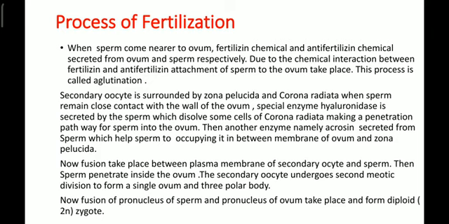Now let's discuss the process of fertilization. When sperm come nearer to the ovum, fertilizing chemical and anti-fertilizing chemical are secreted from the ovum and sperm respectively. Due to the chemical interaction between fertilizing and anti-fertilizing chemicals, attachment of sperm to the ovum takes place.